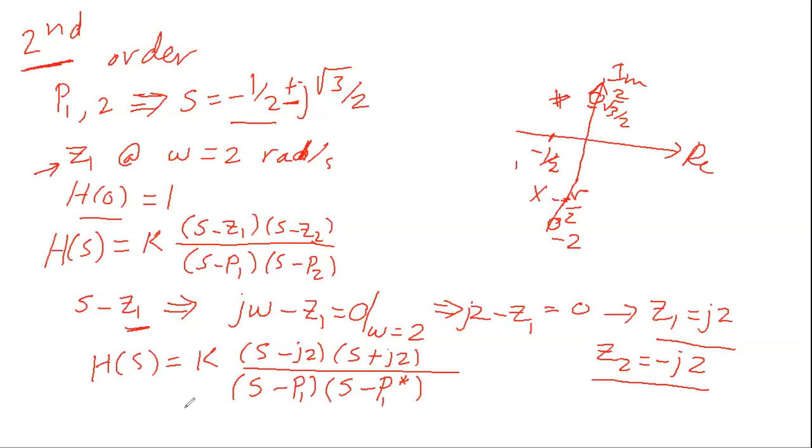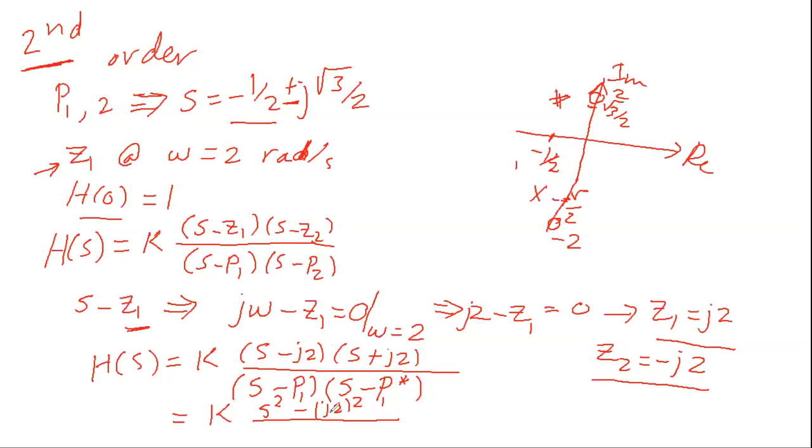Now, if you simplify the one on the top, if you multiply this by this, you can just simply say that this is the difference between two squares, right? S minus A times S plus A means S square minus A square. So this is S square minus j2 all square. If you have these two factors multiplied, one with minus sign and one with plus sign, this is the difference between two squares.